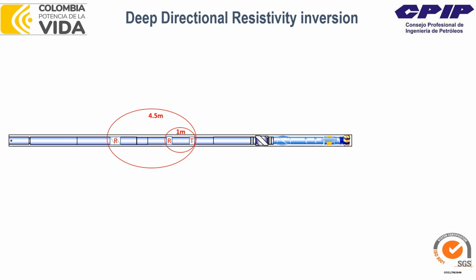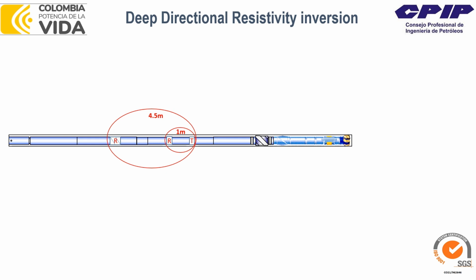Okay, so these three modifications made a huge difference in the depth of investigation of the tool. Number one, increased spacing between receiver and transmitter. Number two, reducing the frequency. And number three is the tilted receiver, which makes the data azimuthal. Okay, so we're talking about the first generation of deep resistivity tools.